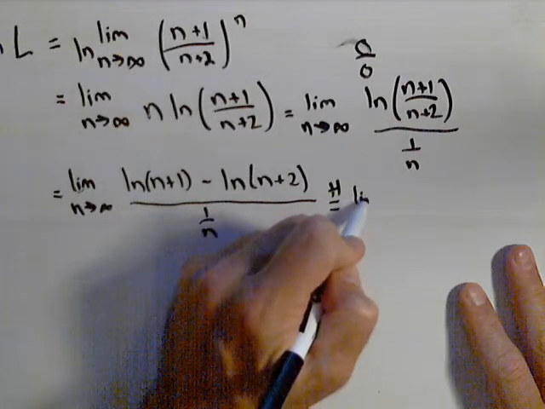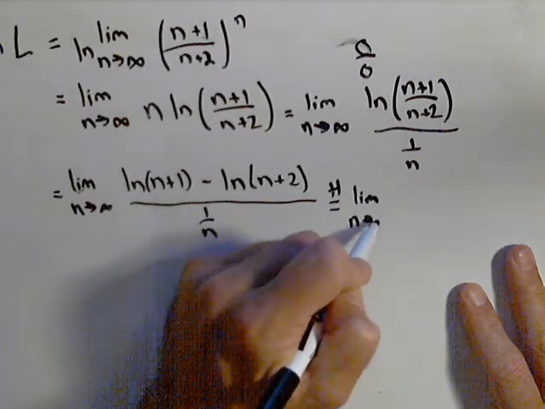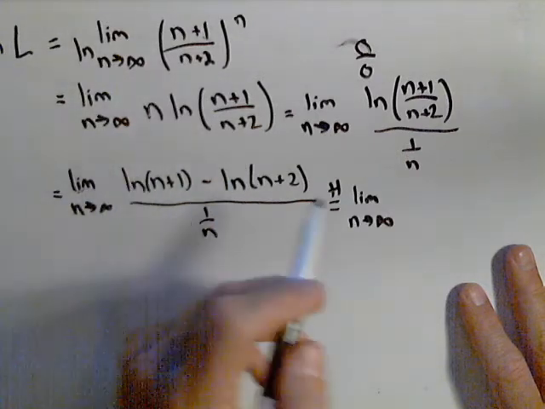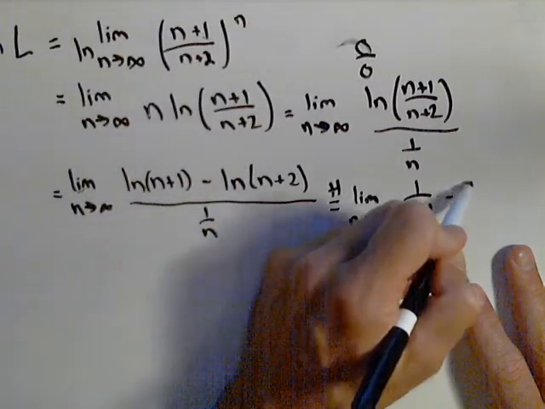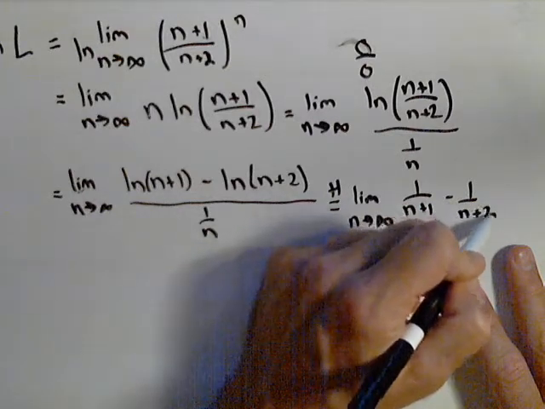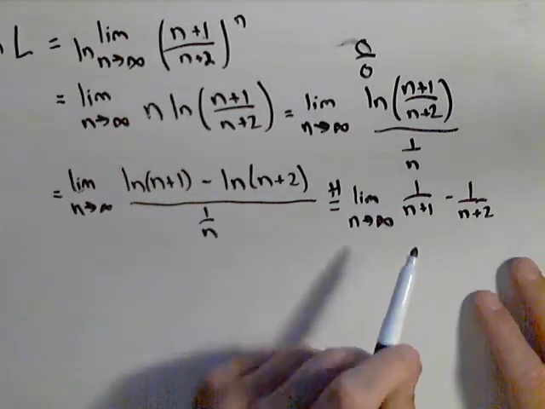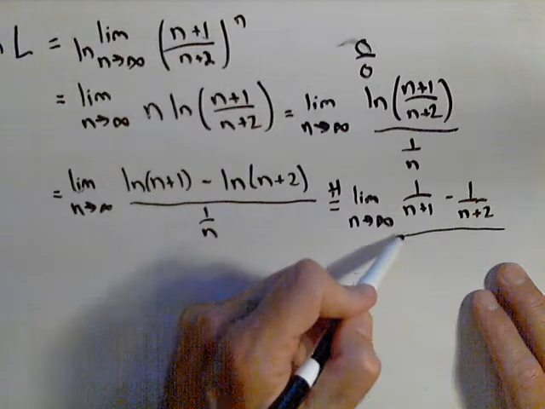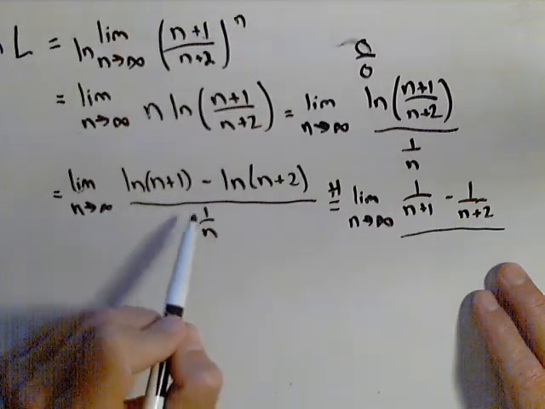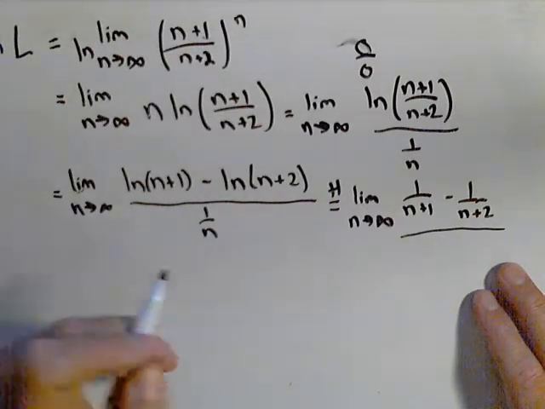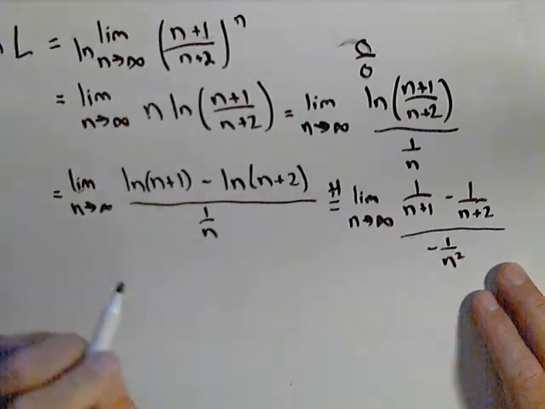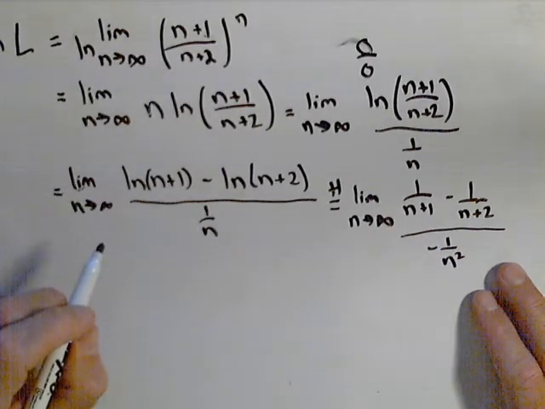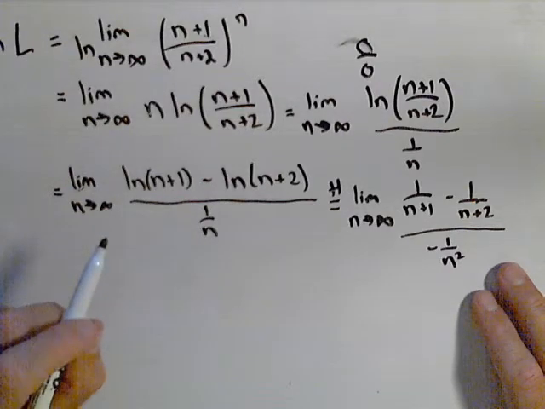So I've got the limit as n goes to infinity. On top, I'm going to have 1 over n plus 1 minus 1 over n plus 2. Very nice. On bottom, we have an n to the negative 1, so it's going to be negative 1 over n squared. Okay, so what can we do?